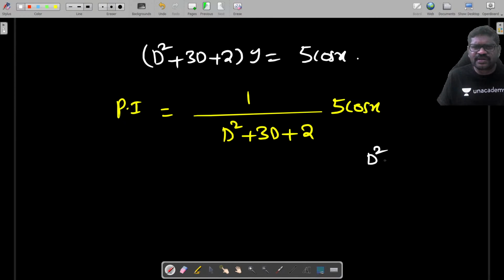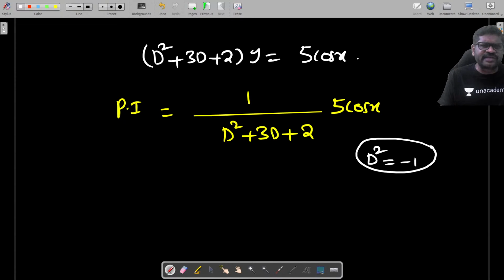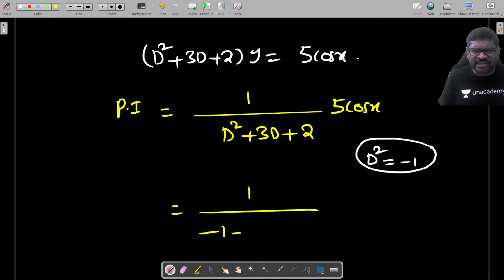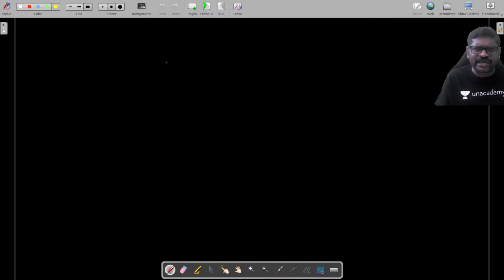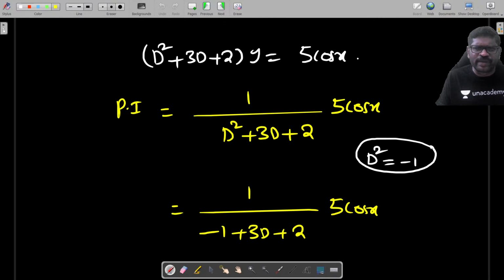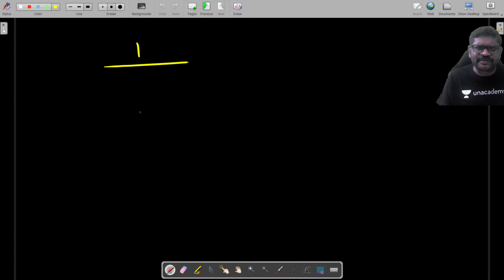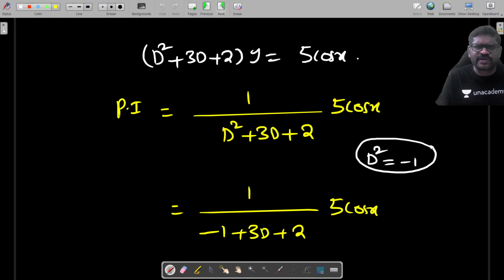Replace D square equal to minus 1. If you replace D square equal to minus 1, 1 by minus 1 plus 3D plus 2 of 5 cos x. That can be written as 1 by 2 minus 1 plus 3D of 5 cos x.